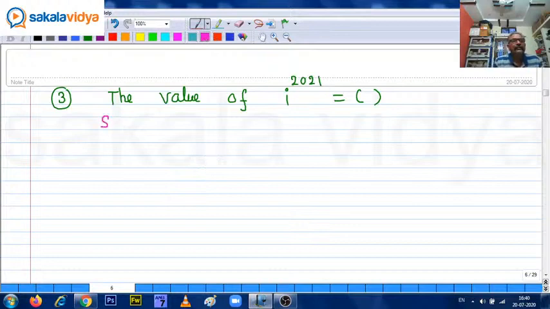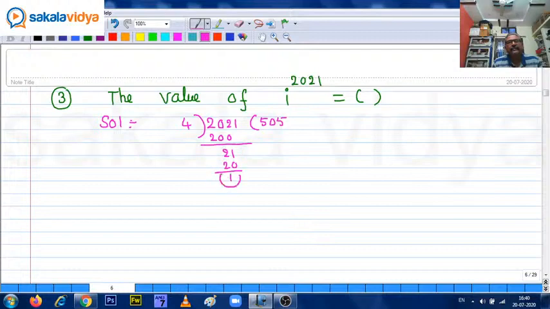Now here see the solution. Here the tip is 2021 should be divided by 4. 4 times 500 is 2000. So 21 you get. 4 times 5 is 20. So the remainder is 1. That means r is equal to 1. Therefore I to the power of 2021 equals I to the power of 1, that's all, equal to I.